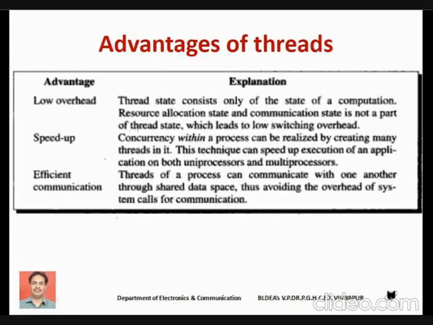Within the thread control block, you need to store only information about the computation state, not the resource allocation and communication information. This leads to low switching overhead, so while switching from one thread to another, only a little information needs to be stored.